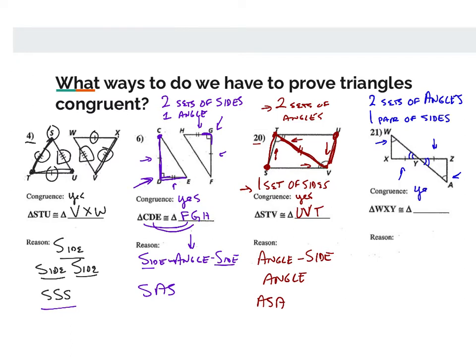So the congruence is going to be, yes, WXY goes with AZY. My reason for this one, just based on where things are located, is going to be angle, angle, side. Remember, that was the one where you go angle, next side, angle, next side, kind of going around the triangle.